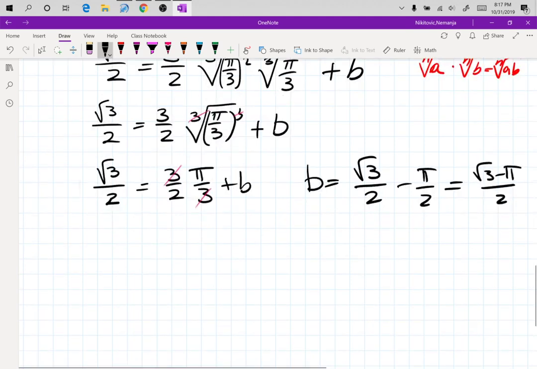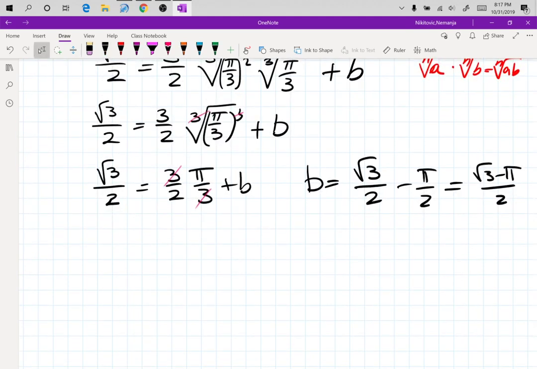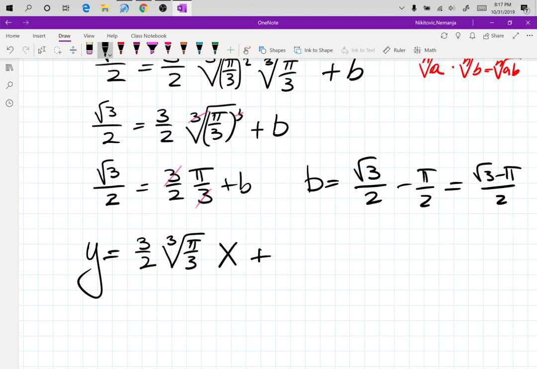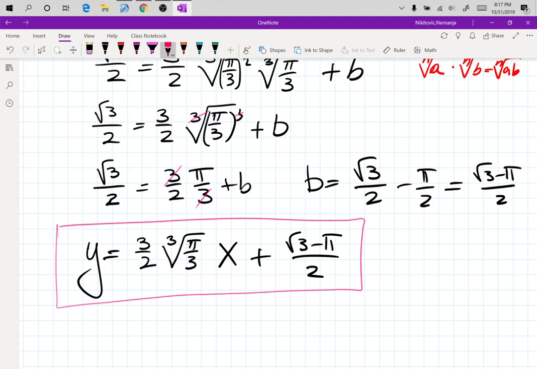So it simplifies nicely, at least. Y equals, the slope is 3/2 cube root of pi over 3 x plus root 3 minus pi over 2. That's the tangent line. Should have picked the better problem, huh?